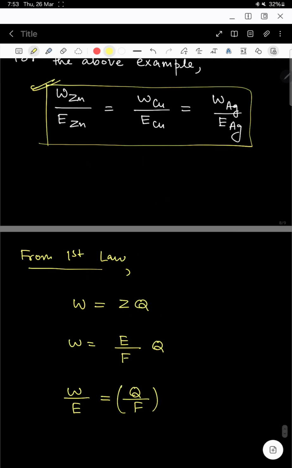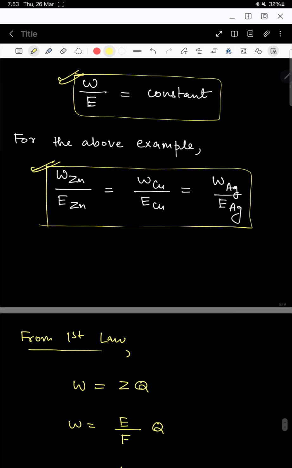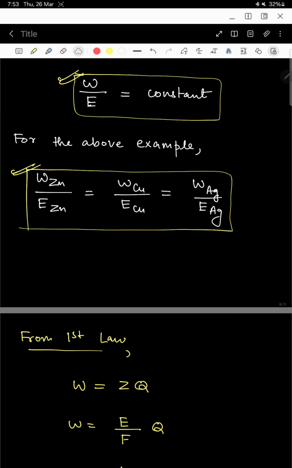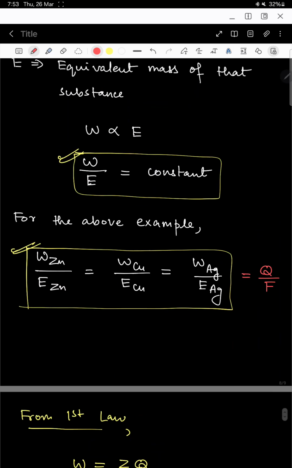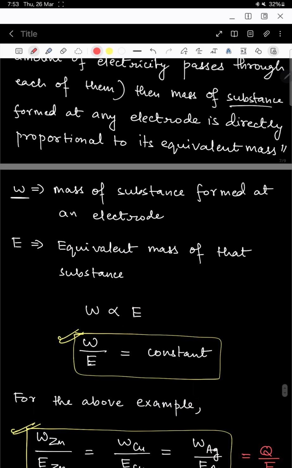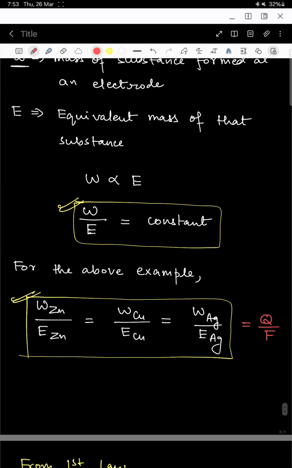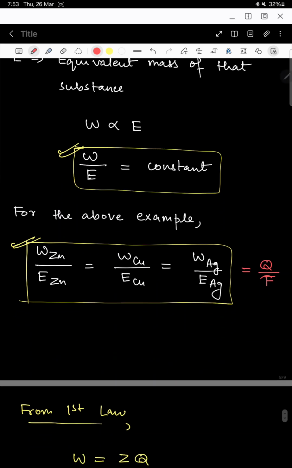So W by E is a constant, and it must be equal to Q by F. Now in this case, the same current is passing through all these cells, so Q is a constant. F is already a constant, 1 Faraday.